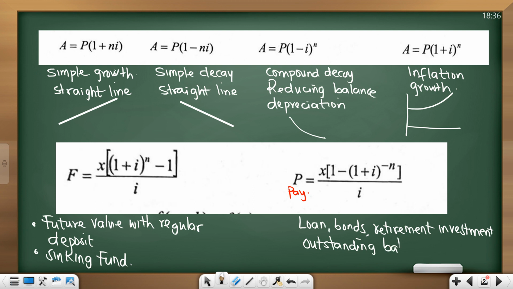You guys understand what I mean by retirement investment? Right now, say I get 10 million. What would I be doing? When I go to the bank to withdraw, what's the bank doing? They are paying me back.